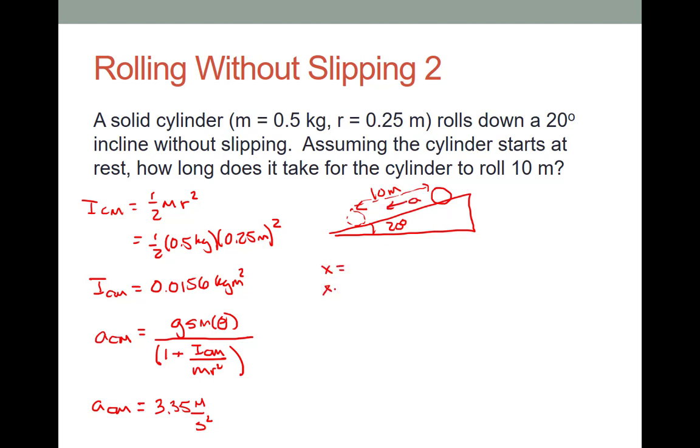This is a one-dimensional kinematic problem. The acceleration is 3.35 meters per second squared. Initial velocity is 0. We do not know how fast it's moving at the bottom. I'm free to put my 0 position anywhere, and I'm going to put it at the top, and that leaves my final position to be 10 meters.